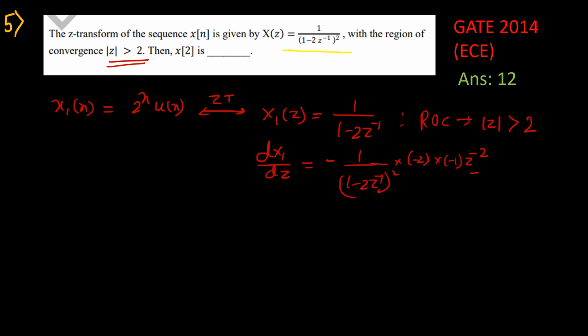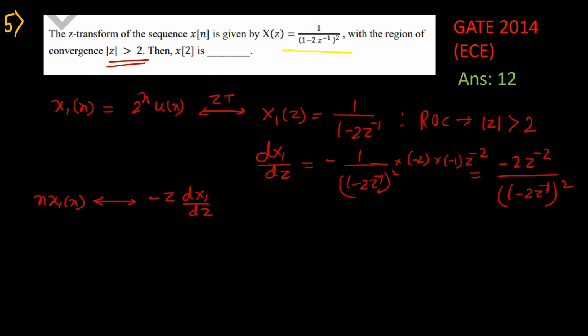If you simplify this one, it is minus 2 z to the power minus 2 upon 1 minus 2 z to the power minus 1, that squared. Correct? So you know that one relation is that for n x1 of n, its z transform will be minus z dX1 by dz.